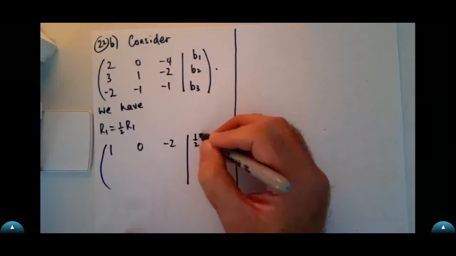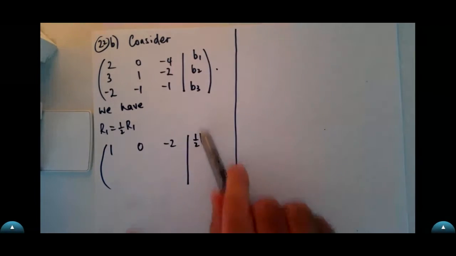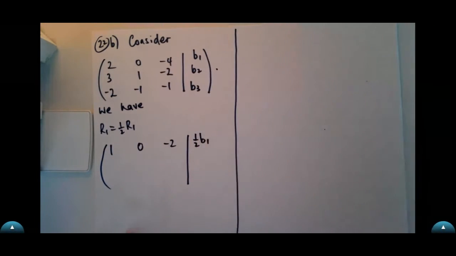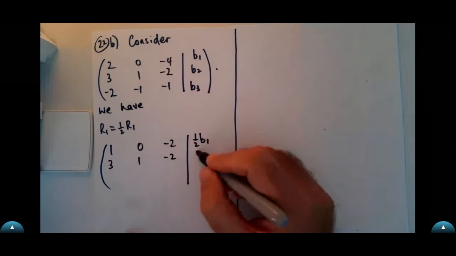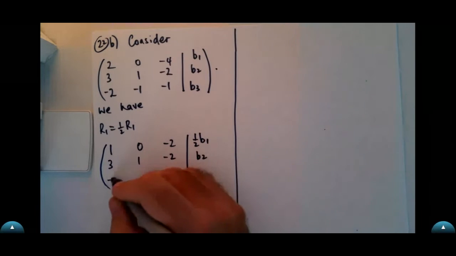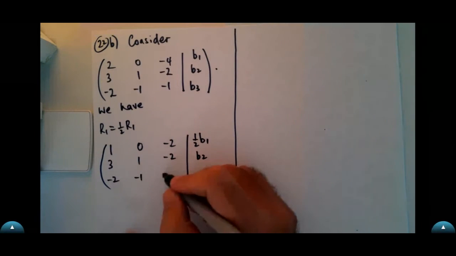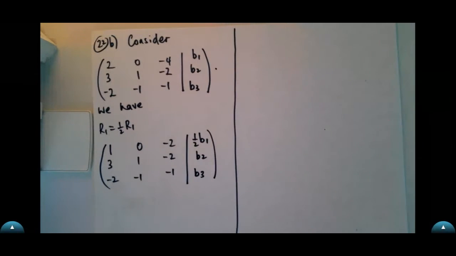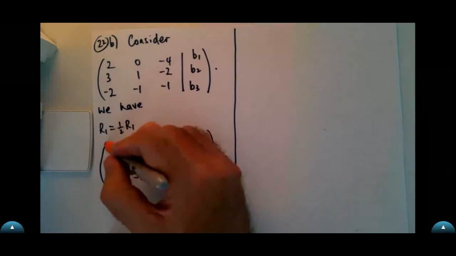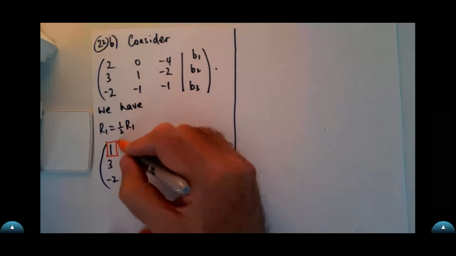Now you might go, well, Chris, you've got a half B1 there, which is a bit ugly, but we can deal with it. Okay, so this is going to be my pivot entry point.